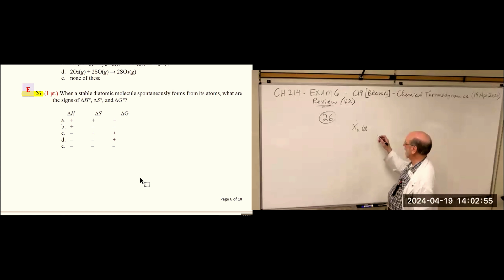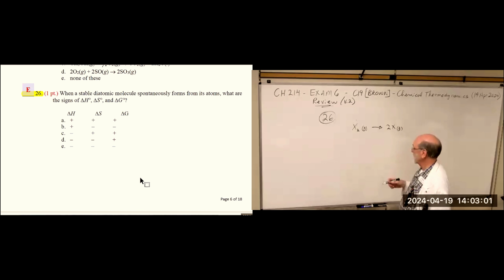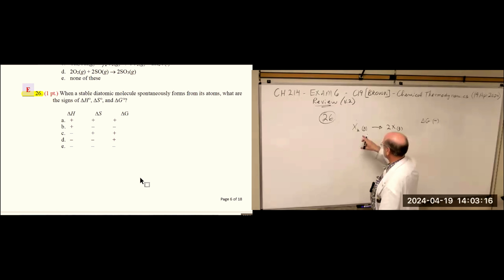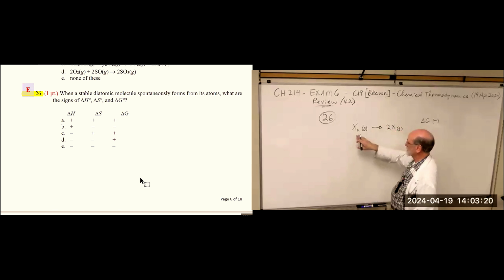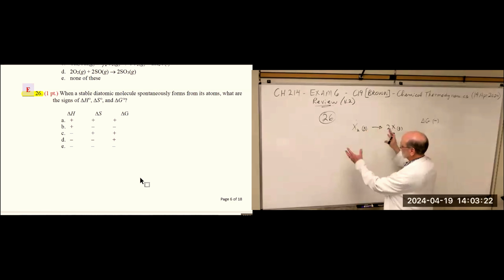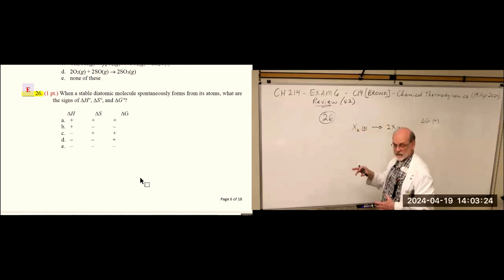It spontaneously forms from its atoms, so it goes to 2 X's in the gas phase. If it's spontaneous, delta G is negative. We know that. So then we have to look at which side has more energy. This side is higher energy than that side, because the diatomic molecule is more stable.